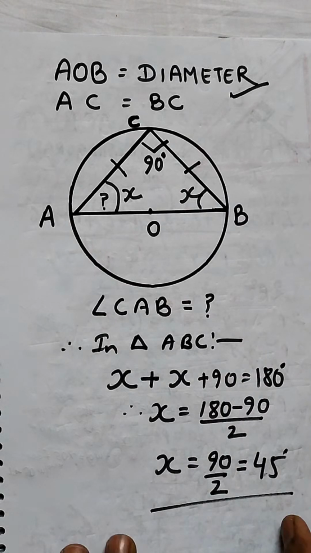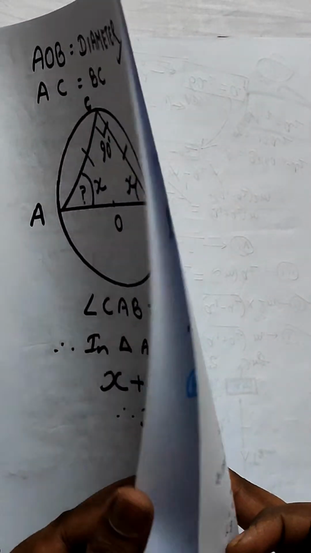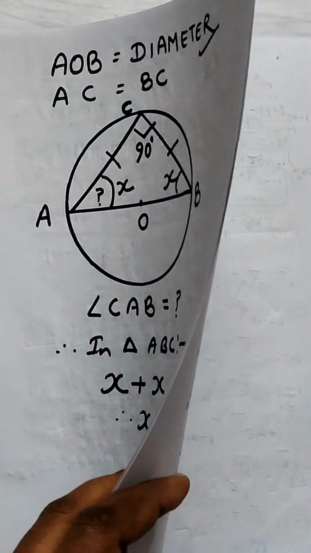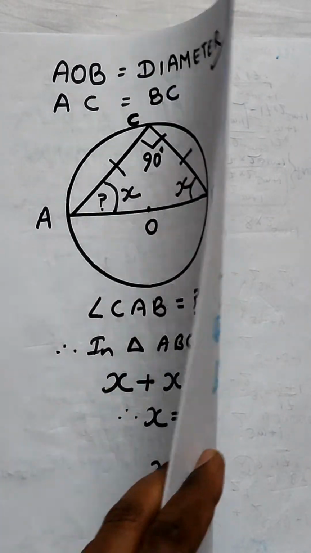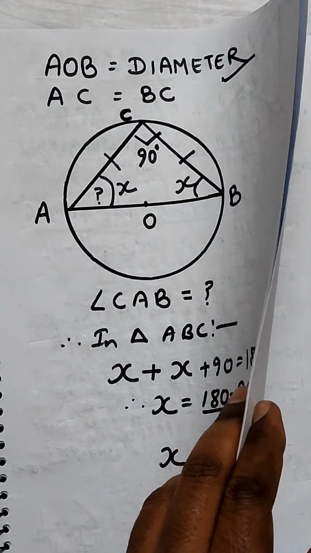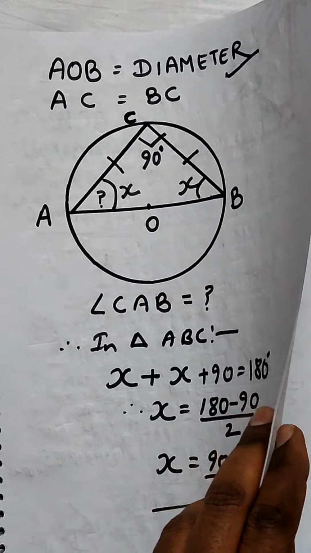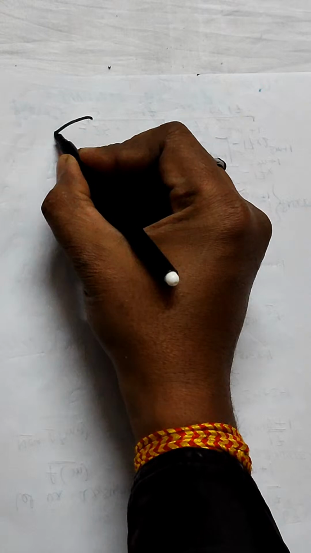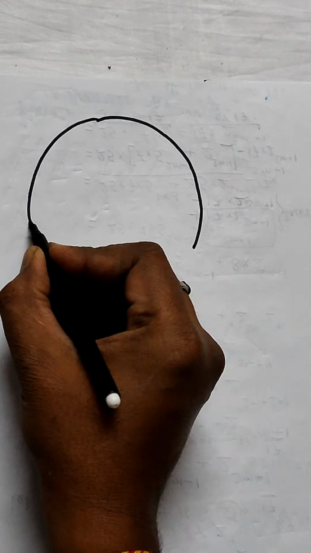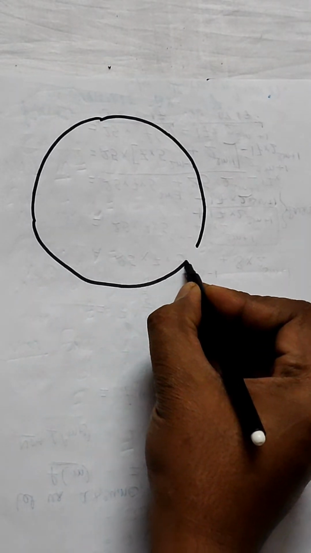So let me solve this. This is the circle which is given, right?